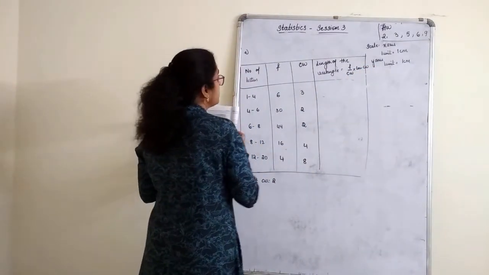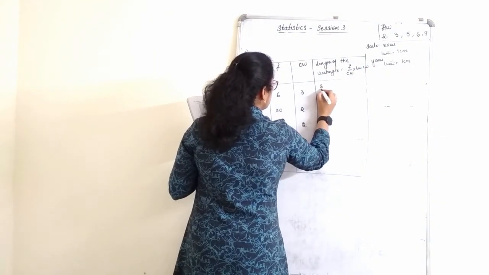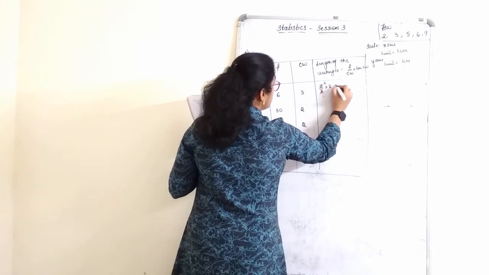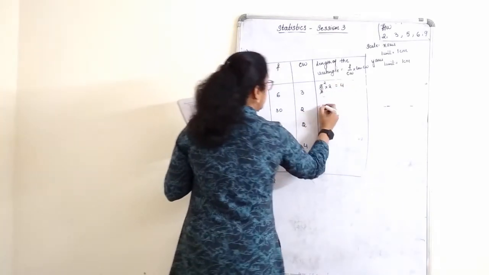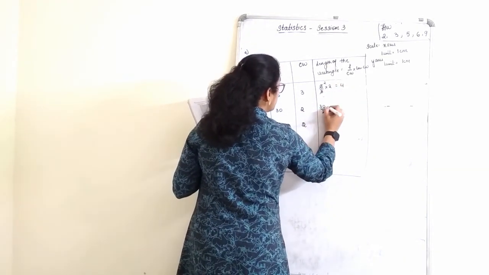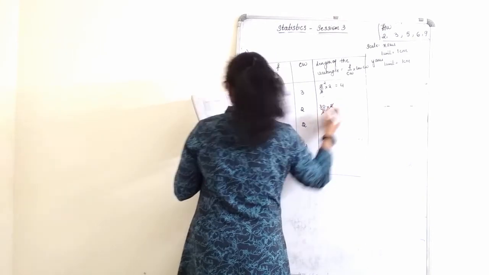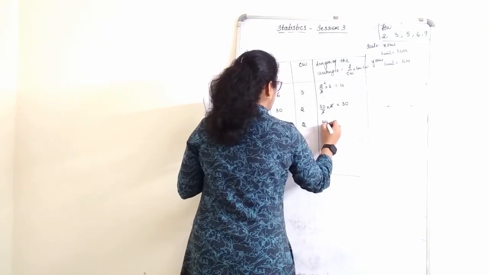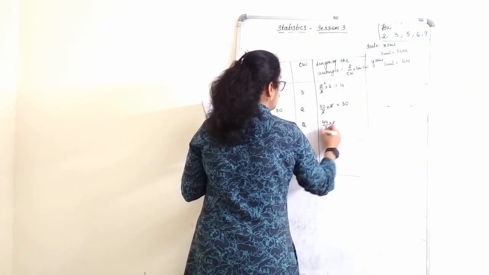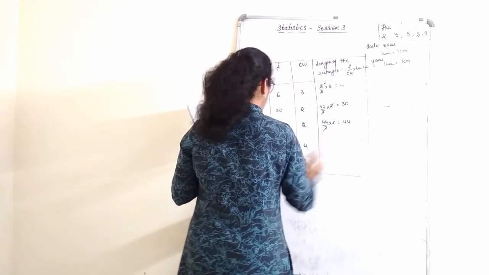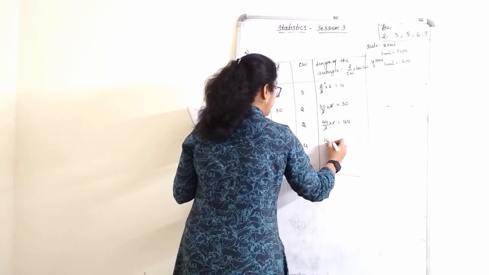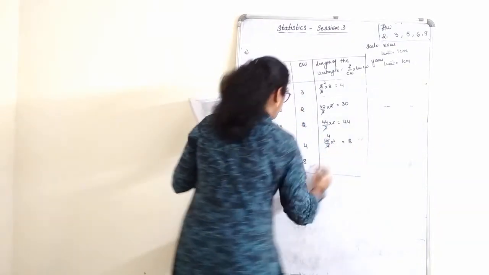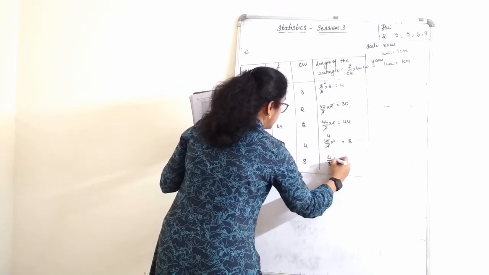So individually, frequency is 6 divided by 3 into 2. 3 ones are, 3 twos are, answer is 4. 30 divided by 2 into 2, 2 and 2 cancel, answer is 30. 44 divided by 2 into 2, answer is 44. 16 divided by 4 into 2, 4 ones are, 4 fours are, 4 twos are 8. 4 divided by 8 into 2.